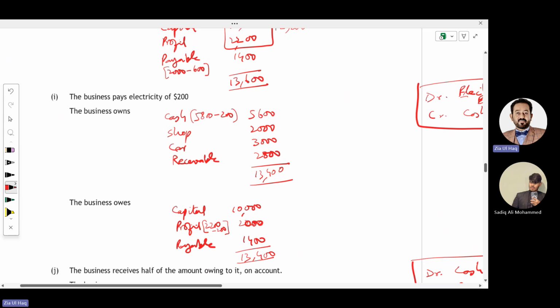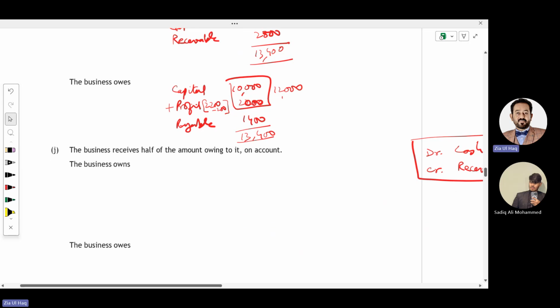Any income will be added to the profit, means capital, and any expense will be deducted from the profit, means capital. Now the capital will be 12,000. Either we can record profit separate or we can record into the capital. It will remain same. Is that fine?